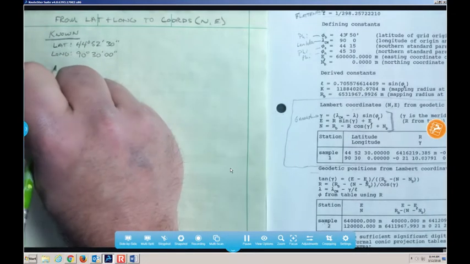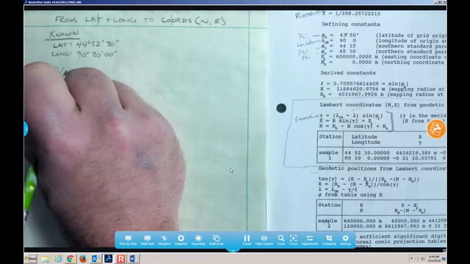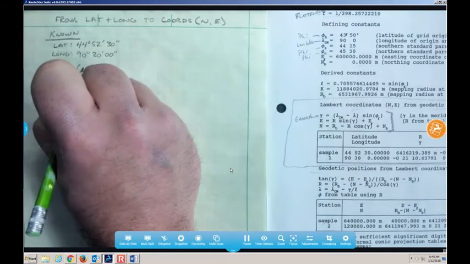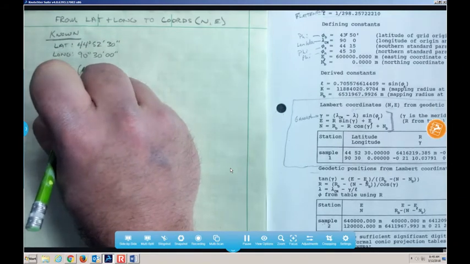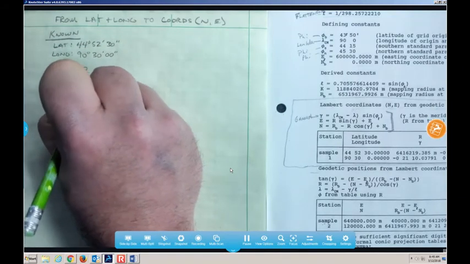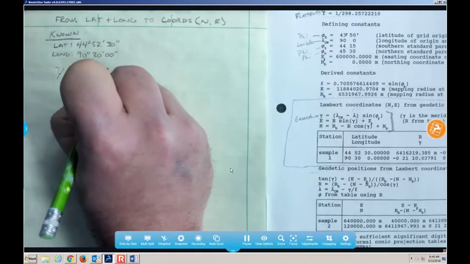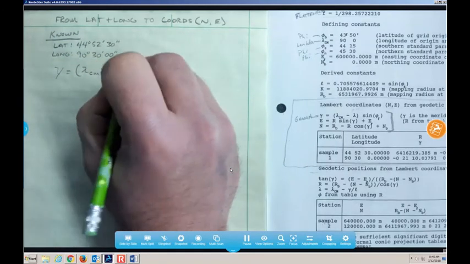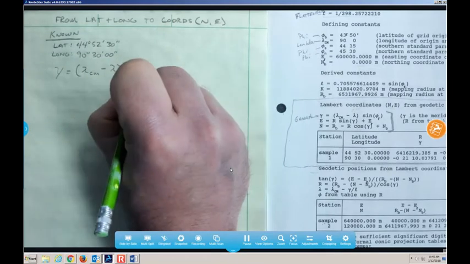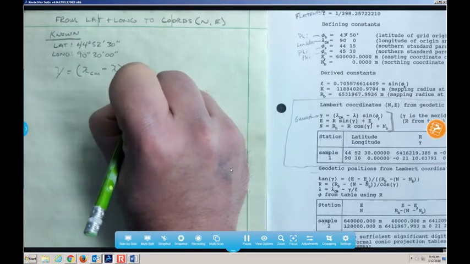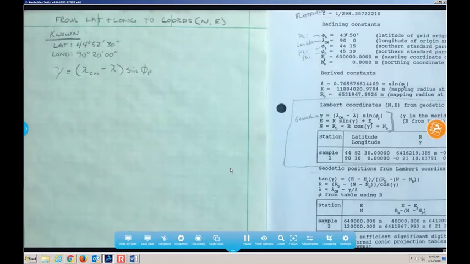Gamma equals lambda Cm minus lambda, times the sine of phi r. Okay, so that's the first equation that we're going to use.